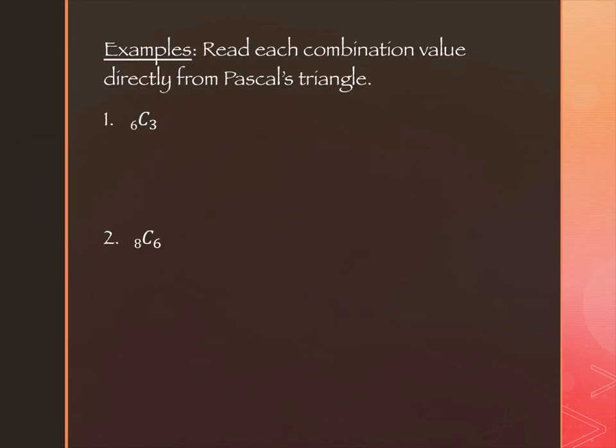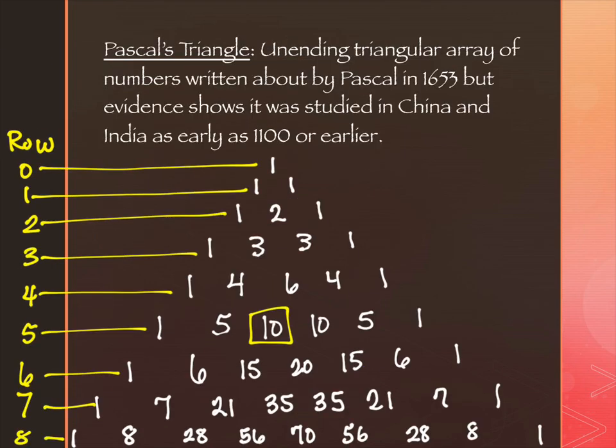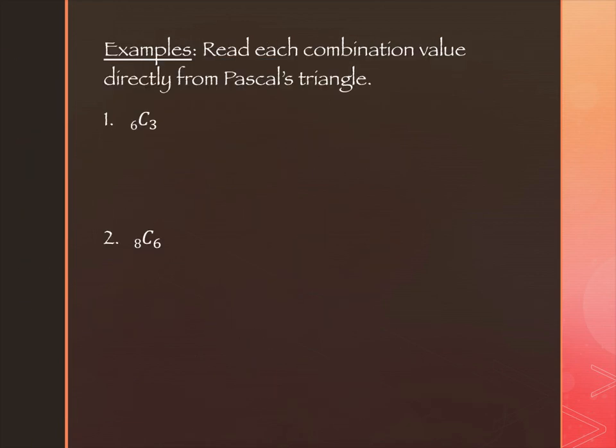So over here, when it says 6C3, I can come back over here. I'm on row 6, and I need to do the third entry after the number 1, okay? The number 1s on the outside are considered the 0 entries. So I skip that one when I'm counting. So I'm on row 6. I skip the number 1. I count 1, 2, 3. The number is 20. And I'm done.